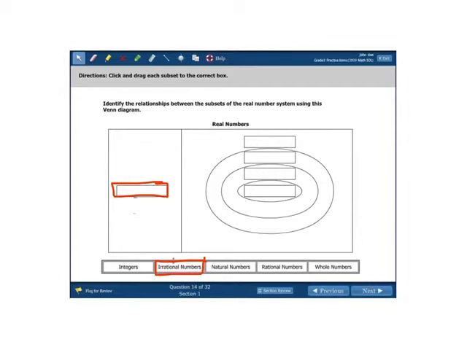Right, so then we have to start thinking about, oh man, I don't remember which is which. Don't panic. Think about what's most specific to least specific. The least specific one is in the middle. That's your natural numbers, because that's the one that's just 1, 2, 3, 4, and up. Your next one would be the one that adds on to that group.